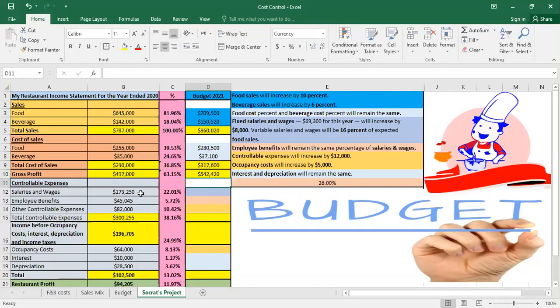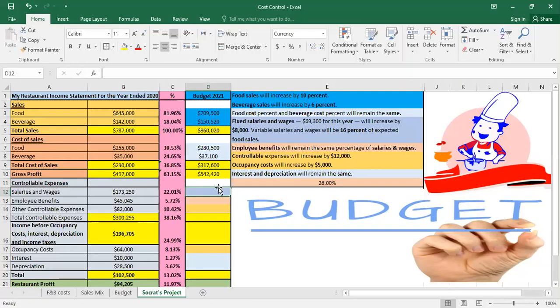Now we move to salaries and wages. And here is the part where we have to segregate between fixed and variable. They are saying fixed salaries and wages, $69,300 for this year, will increase by $8,000. So this is the fixed part. The variable salaries and wages will be 16% of expected food sales. It means it's related to sales.